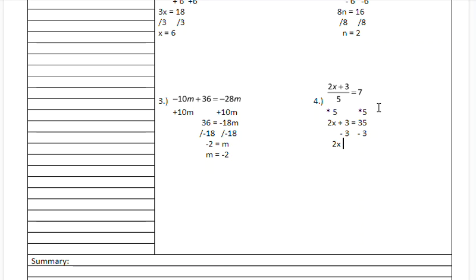So I have 2x equals 32. Third step, I want that x by itself, so divide by 2, divide by 2. And x equals 16. Again, I could plug it in and check my answer. 16 times 2 is 32, plus 3 is 35. 35 divided by 5 is 7.